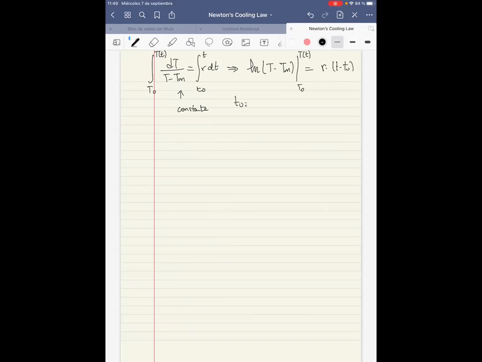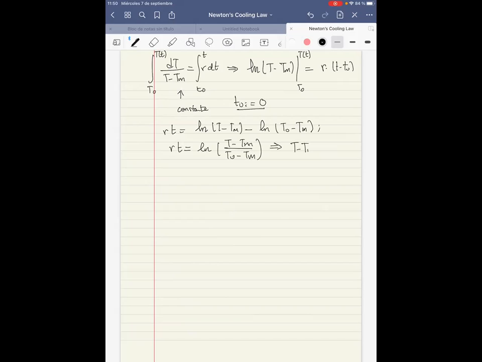If we consider t0 to be the initial time and equal to 0, we can just write that RT equals the logarithm of T minus Tm minus the logarithm of T0 minus Tm. But basically we can rewrite this like this. And if we want to take out T, which is the variable that we need, we just have to take the exponential.